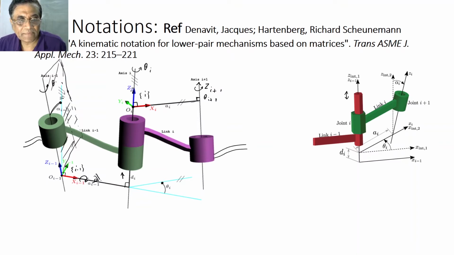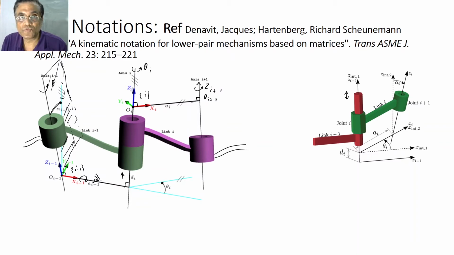So about xi minus 1 the twist angle is measured, and along Zi the distance between two successive common normals is measured, and along the x-axis the link's length, which is the common normal, is measured, and the motion parameter is measured about the z-axis. Theta could be for a revolute joint, in degrees, and di could be a distance, in centimeters or feet, if it is a prismatic joint.